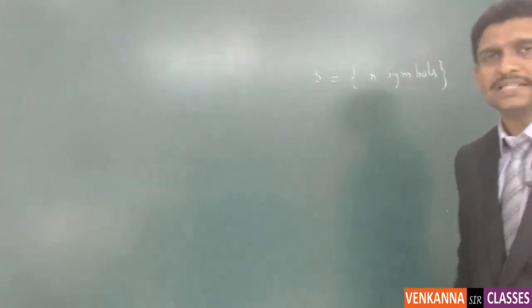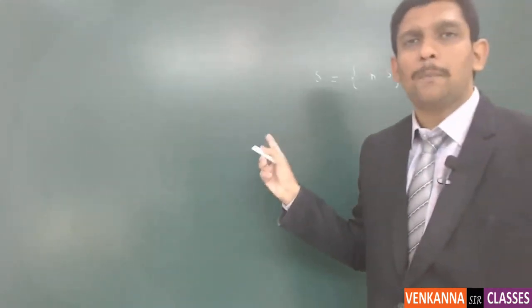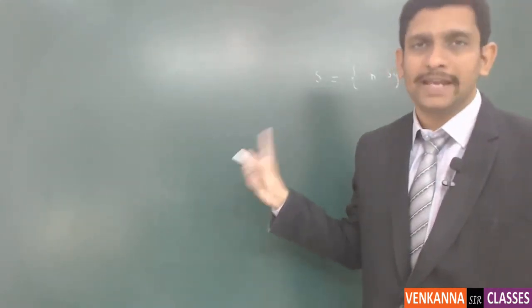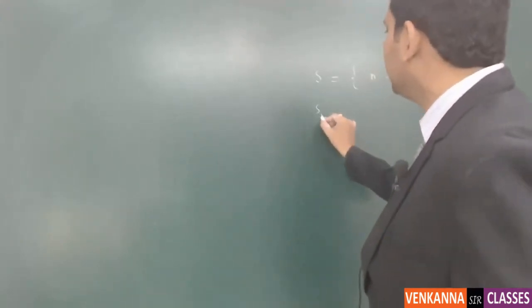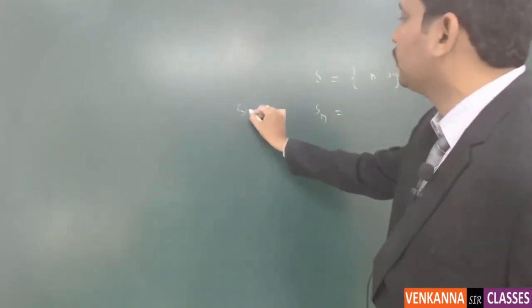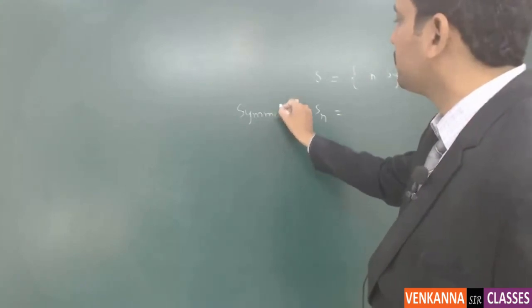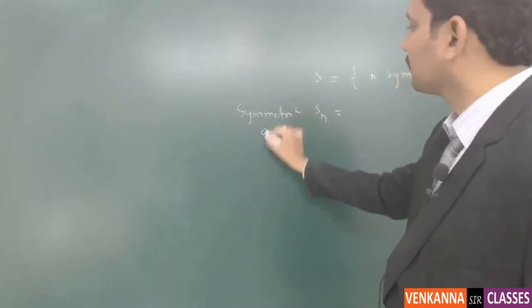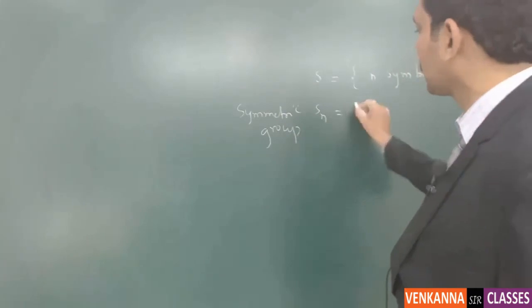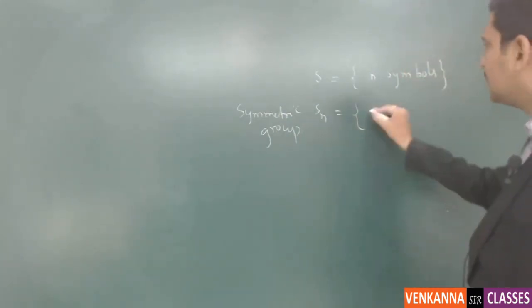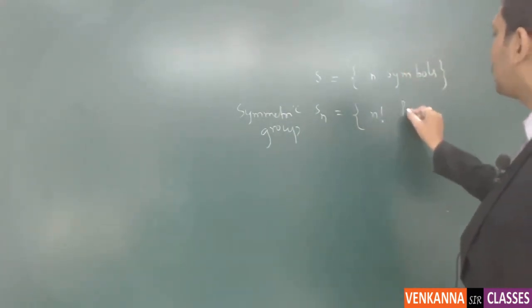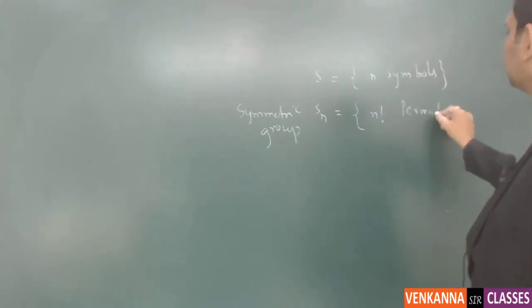If I consider all the possible permutations on S, it is nothing but the symmetric group Sn, having n factorial permutations.